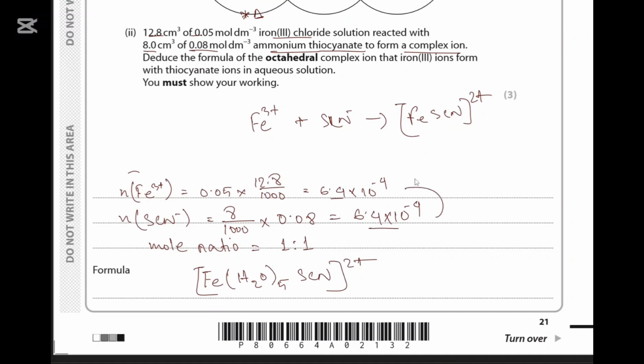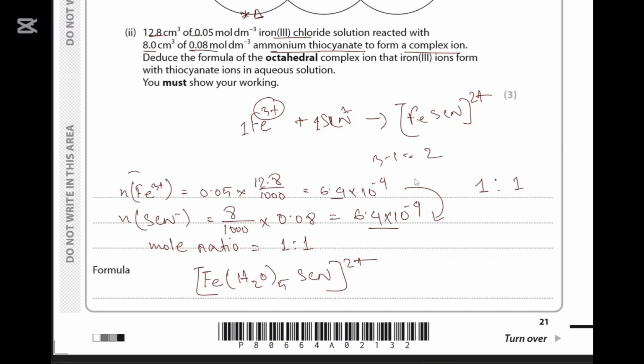Since both the moles are equal, the reaction is 1:1. So 1 mole of Fe3 plus ions reacts with 1 mole of SCN minus ions. Therefore there is one Fe3 plus and one SCN minus. They react to form FeSCN, and the charge is reduced from 3 plus to 2 plus, since this is 1 minus, so 3 minus 1 is 2.